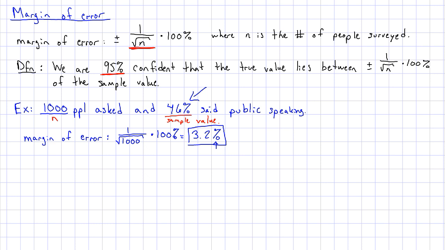Now, you'll notice that in my formula, I had this little plus or minus, and that's what I mean. I'm saying that I'm going to go above and below my sample value, and I'm looking at a range.